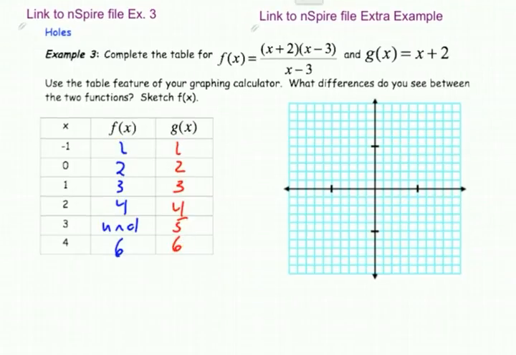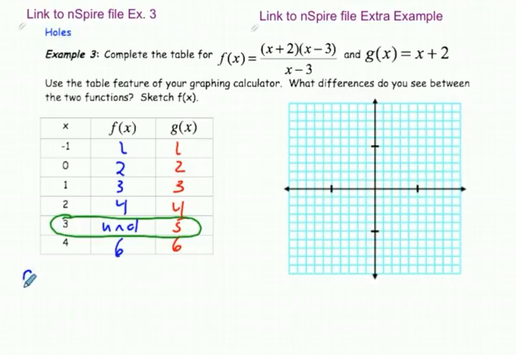So it looks like f of x is equivalent to g of x, with the exception of the point when x is 3, which is undefined in f of x, and is the point 3, 5 on g of x.